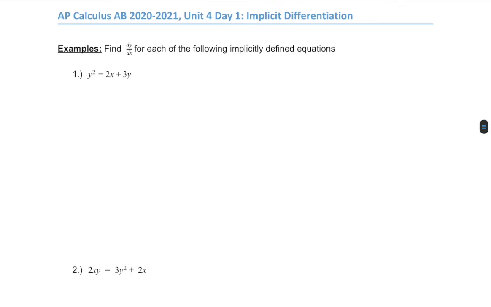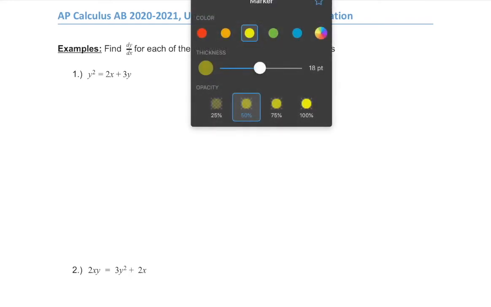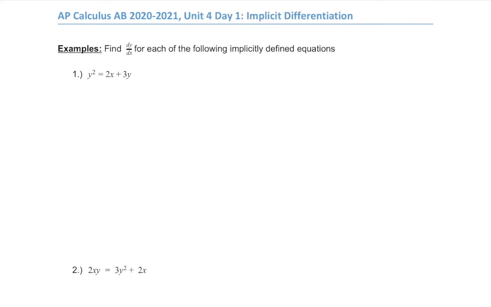So let's do a couple of examples of these. If we have y squared equals 2x plus 3y, and you are asked to find the derivative of y with respect to x, what we do, and I'm going to write this out every time like this, is take the derivative with respect to x of both sides. You want to get in the habit of writing this out every time.